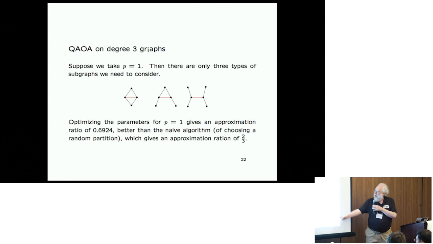That gives you a ratio of 0.6924, which is better than the naive algorithm of choosing a random partition, which gives you an approximation ratio of 2/3.